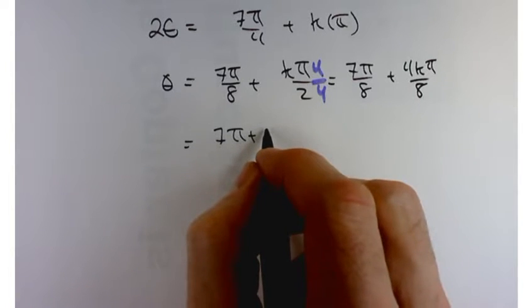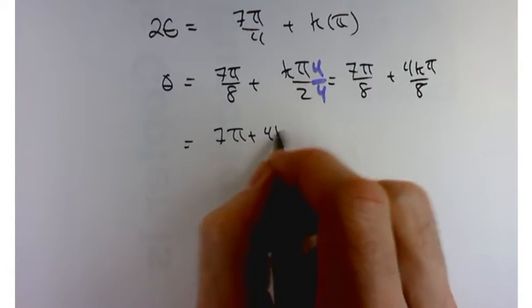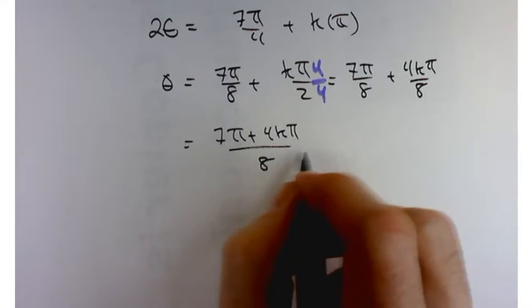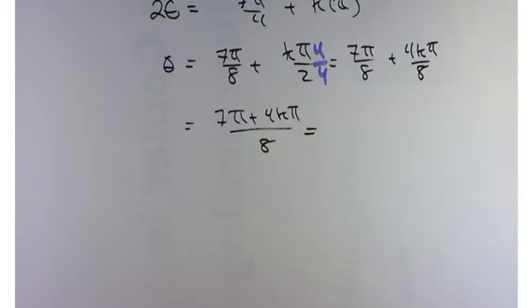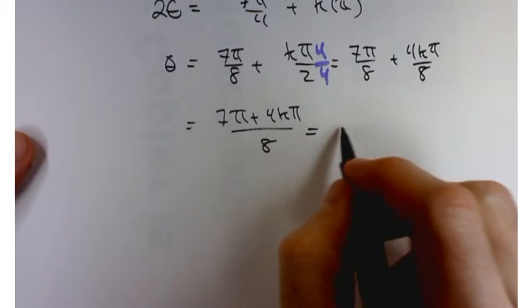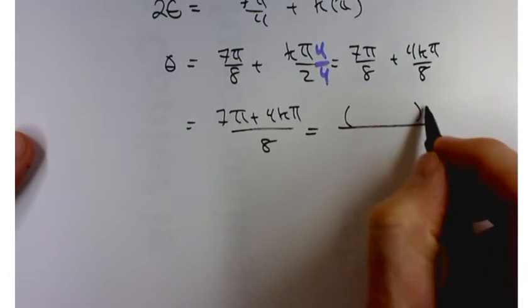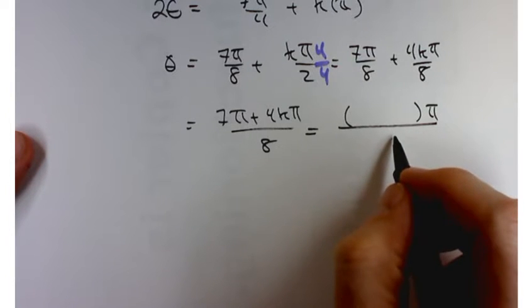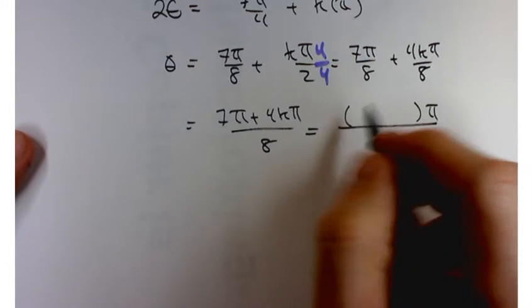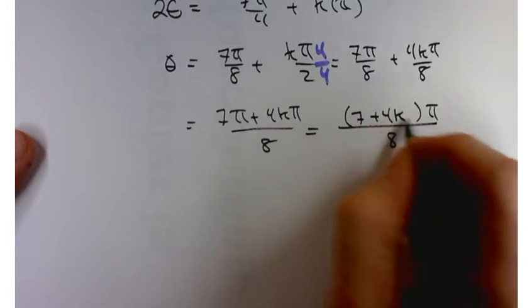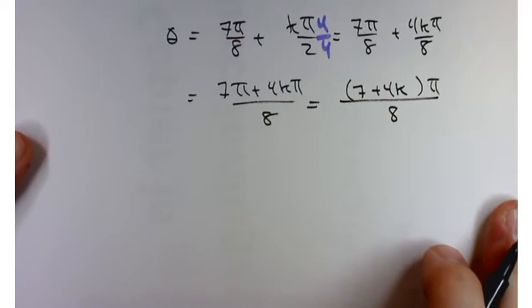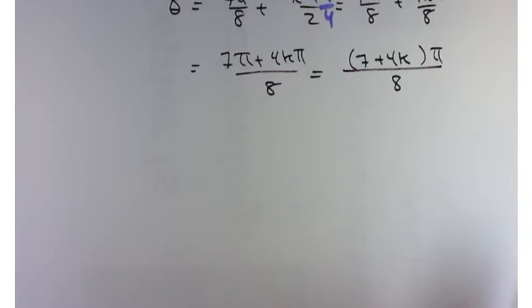These have common denominators, so I can add their numerators. And let me do one extra step here. In the numerator, let's factor out the pi, just to try and unmuddy the waters a little bit. That's going to leave me with 7 plus 4 times k. This is your general solution.